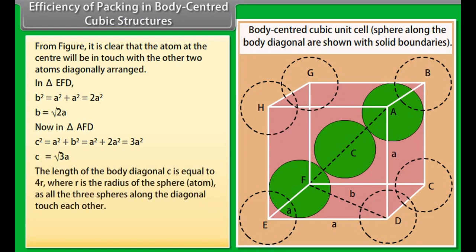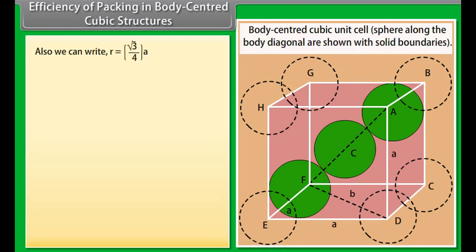The length of the body diagonal C is equal to 4R, where R is the radius of the sphere atom, as all the three spheres along the diagonal touch each other. Therefore, square root 3 A is equal to 4R. A is equal to 4R upon square root 3.